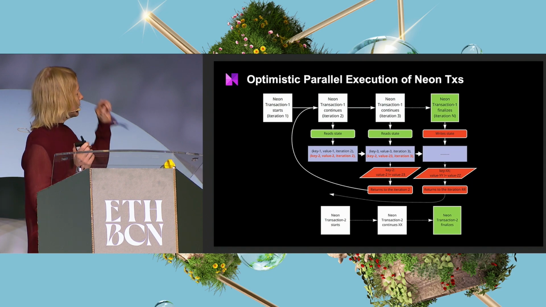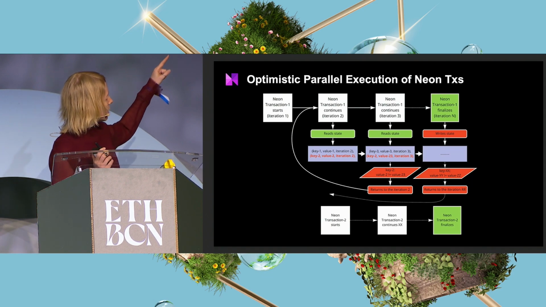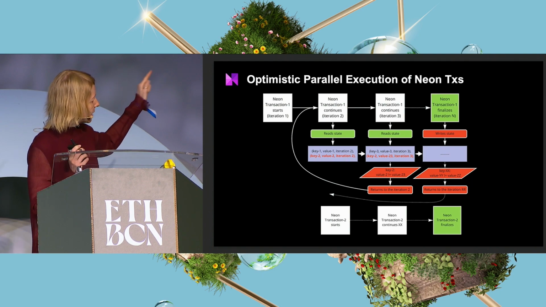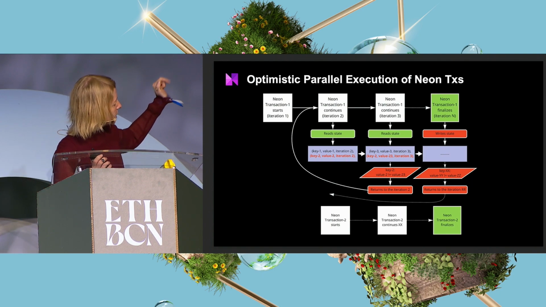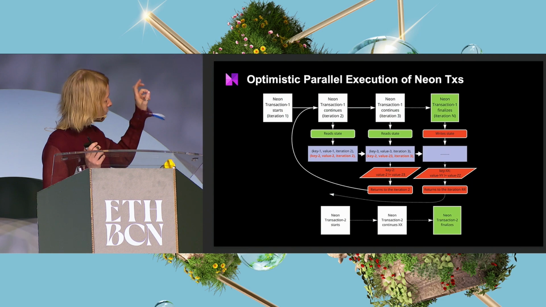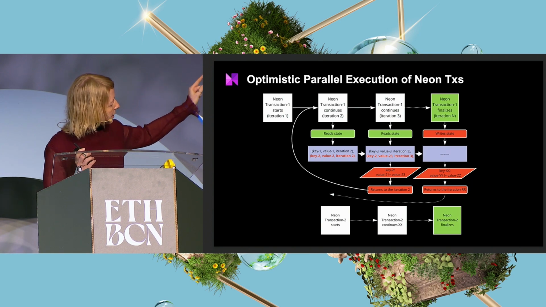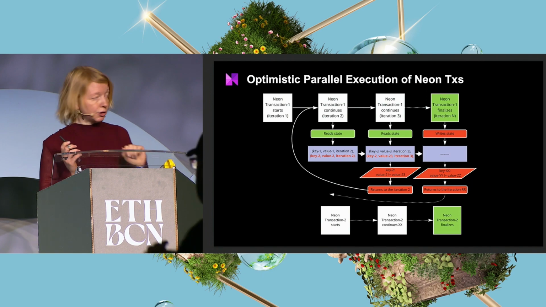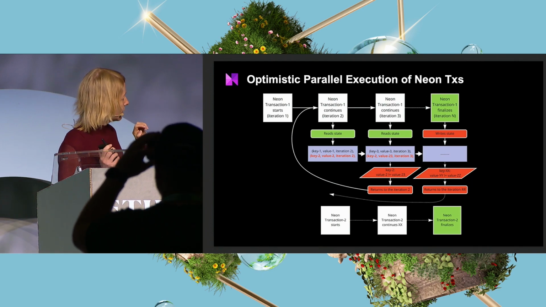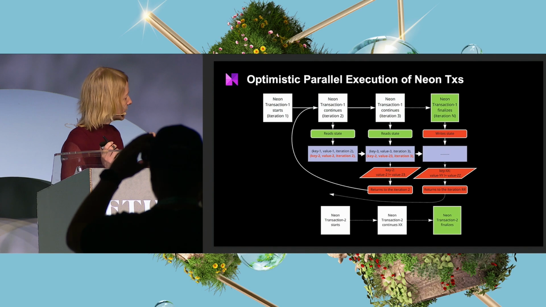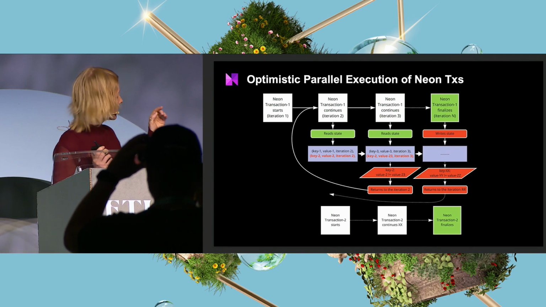So what we want to do, we would rather prefer not to block the accounts associated with the first Neon transaction at the beginning, but then to check the state during the execution of this particular Neon transaction on different steps.